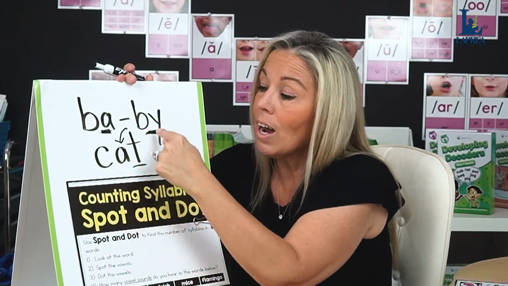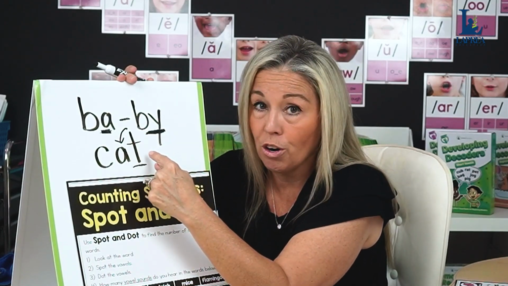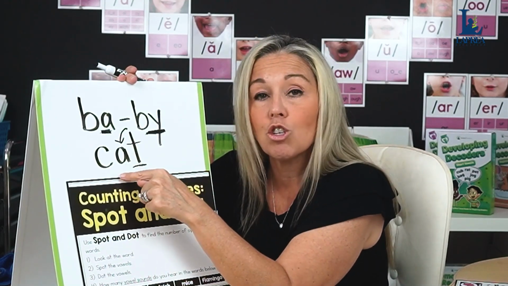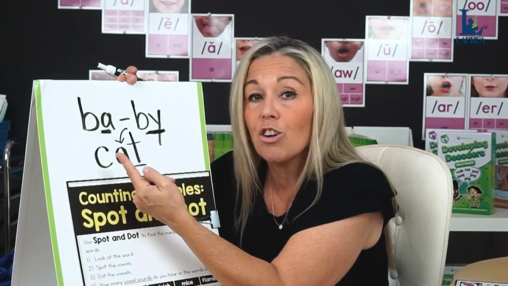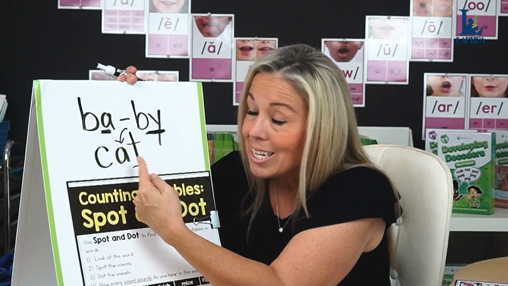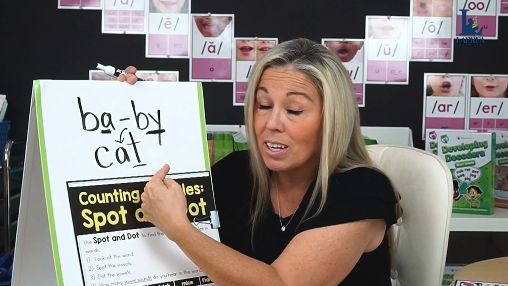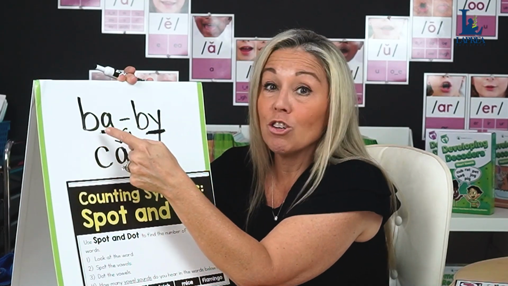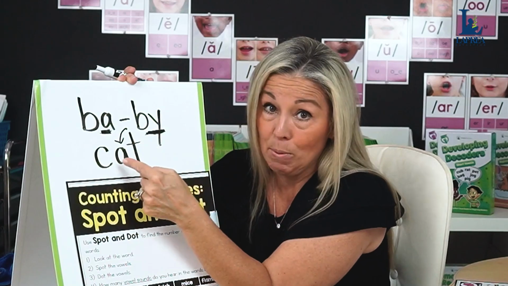Because that consonant is at the end of the word and closing in the vowel, the vowel has the short sound. This is considered a closed syllable type. So the word cat is a closed syllable, and baby is considered two open syllables.